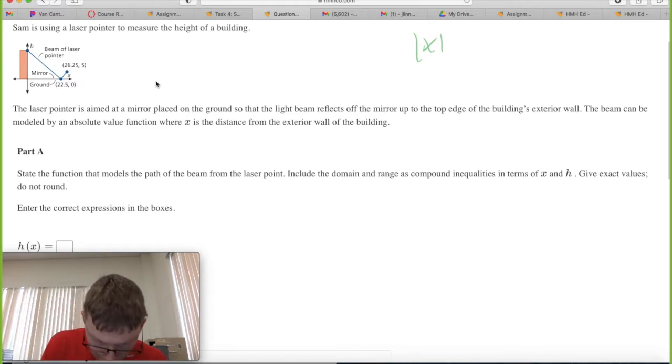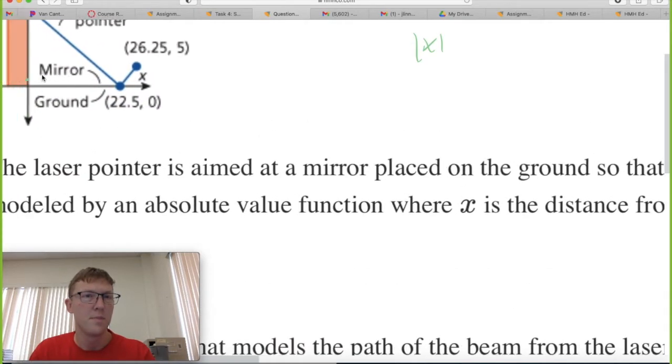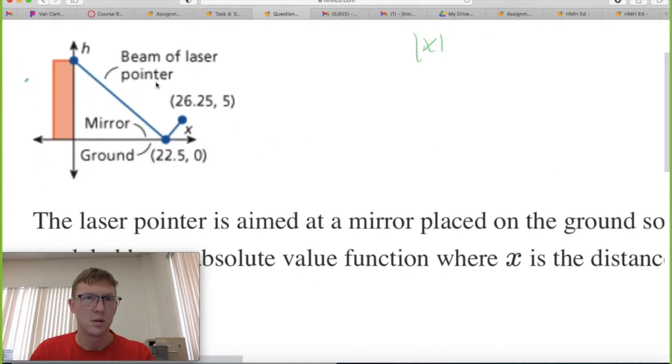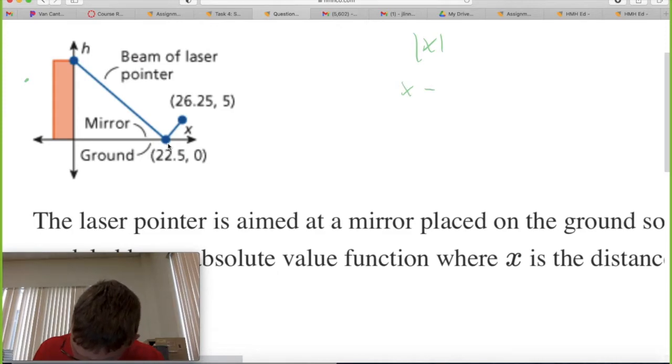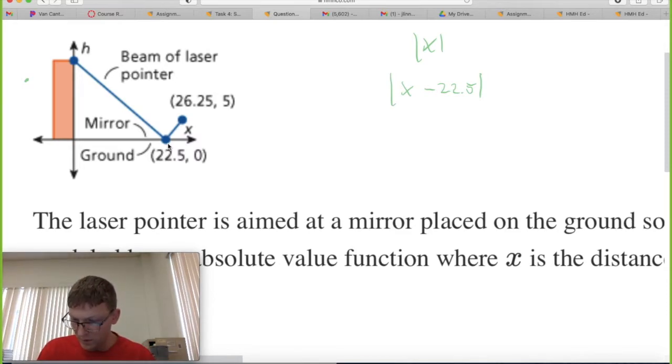You'll notice that our vertex was at 0, 0. Let's zoom in. And now the vertex has moved to 22.5. So it was a horizontal movement to the right. So now our new one is going to be x minus 22.5, because our h in this case was 22.5.